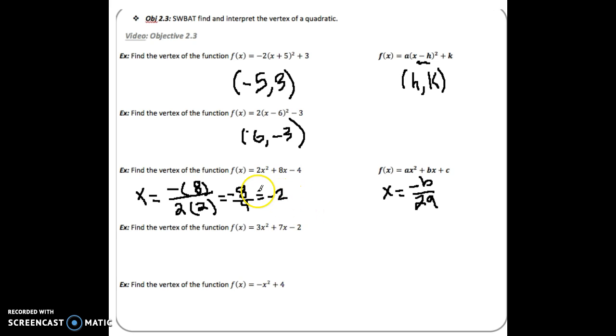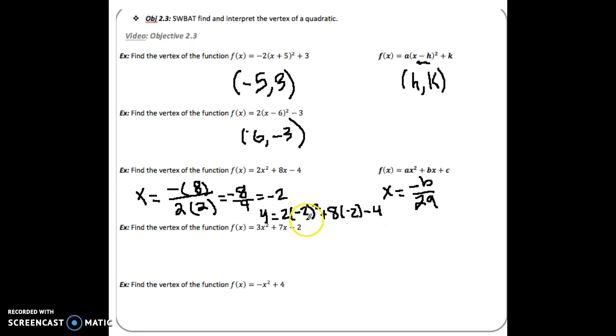So if we know x and we know how y is related to x, we can then just plug negative 2 inside for our x values to find the y coordinate of our vertex. So we are going to get that our y coordinate is 2 times negative 2 squared plus 8 times negative 2 minus 4.